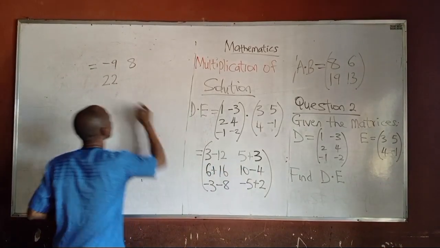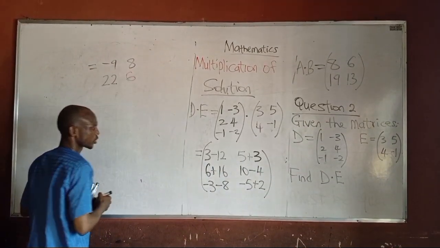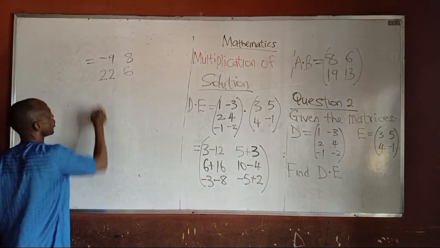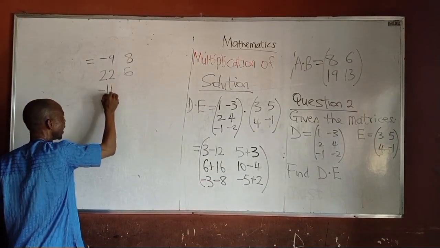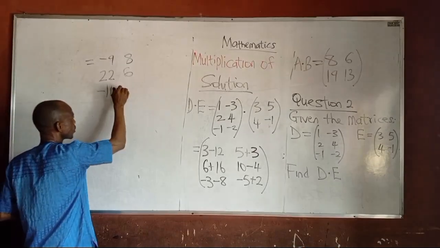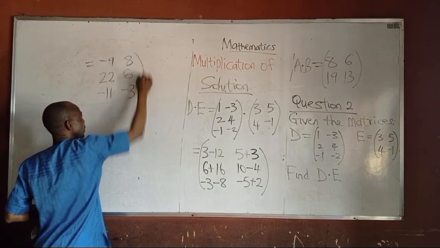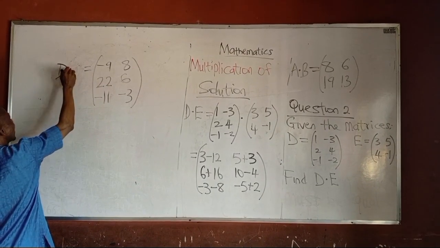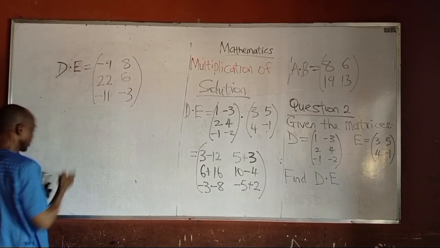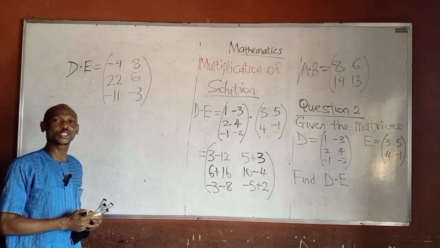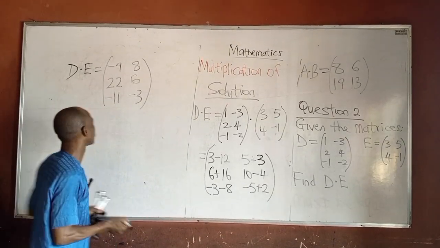That will give us what? 6. Minus 3 minus 8. That will give us what? Minus 11. And minus 5 plus 2. That will give us minus 3. So this becomes what? D times E.